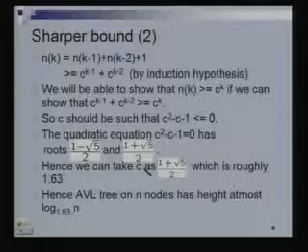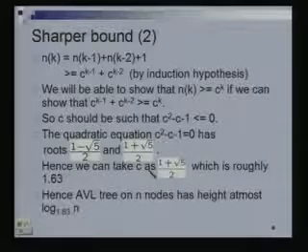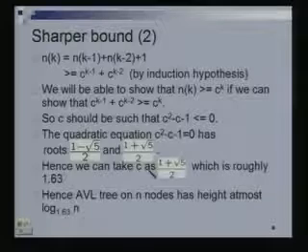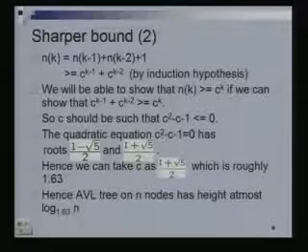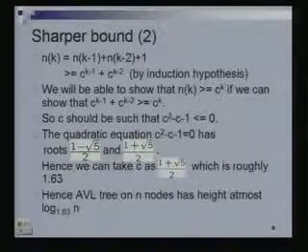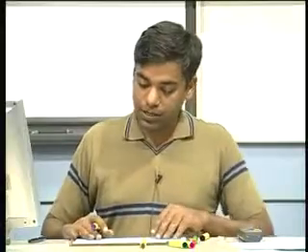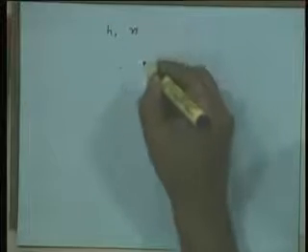Because what have we said? If I take a tree on n nodes, we just do the same argument as before. I take a tree of height h and n nodes.